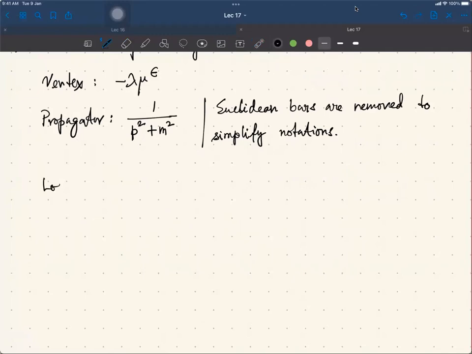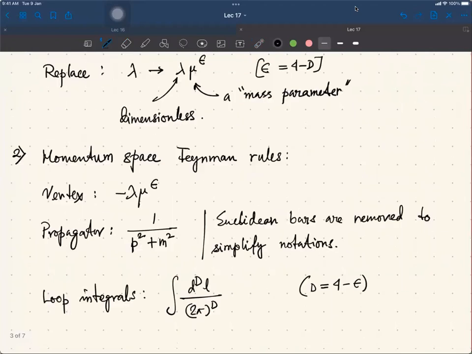Then the loop integrals will be where d is equal to 4 minus epsilon, right?